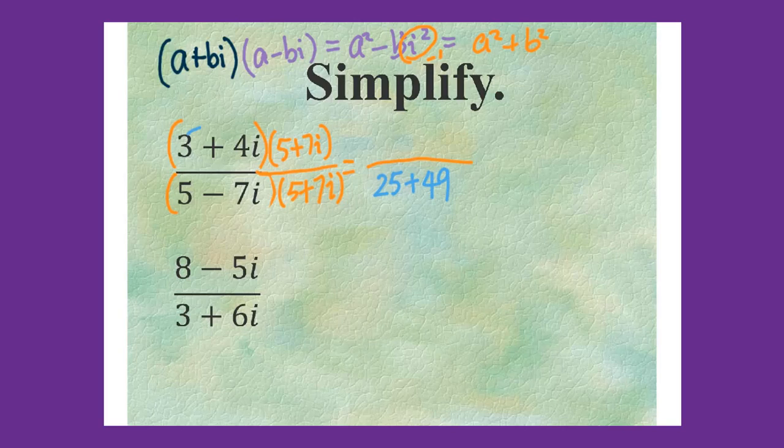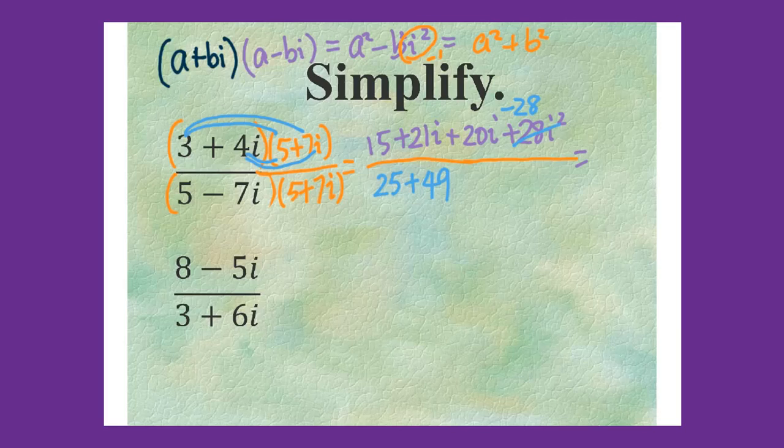Then for the top, we have to do the FOIL this time. Then you will get 15 plus 21i plus 20i, then plus 28i squared. 28i squared will be minus 28.